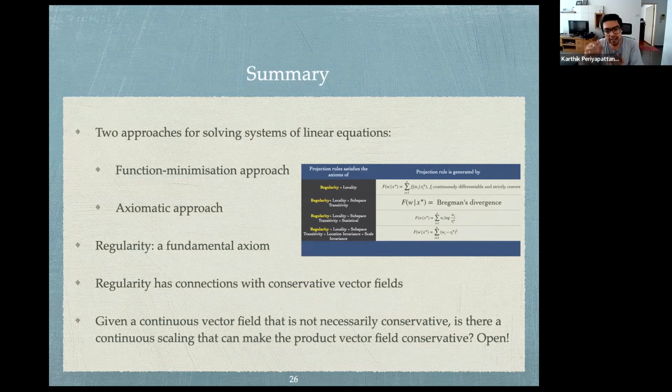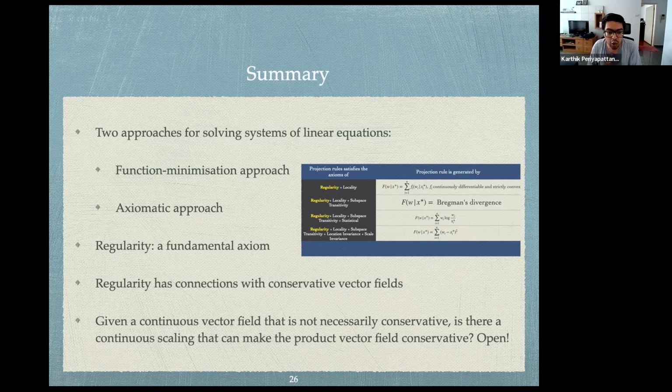All that we could end up with is some continuous vector field for which there is no answer to whether it can be turned into a conservative continuous vector field. And that's where we actually stopped. I took a different direction during my PhD because of paucity of time. But I'm really interested in problems like this, and if any of you are also interested and we can collaborate, I'll be very happy.